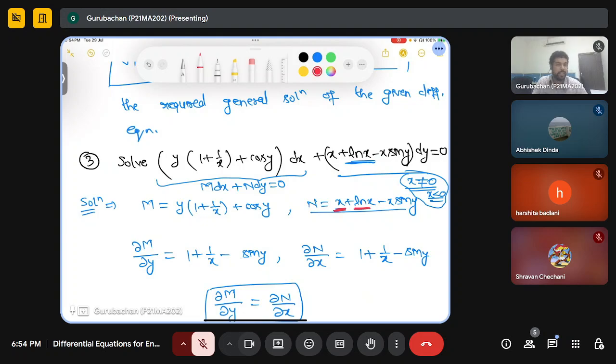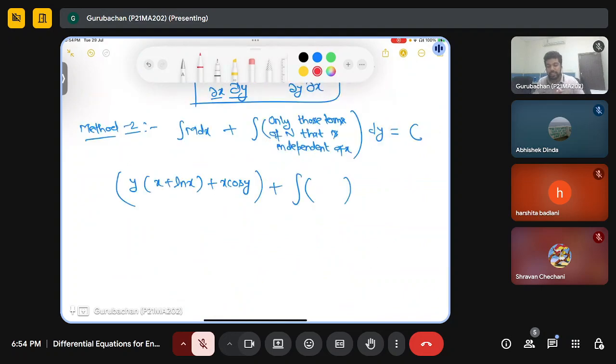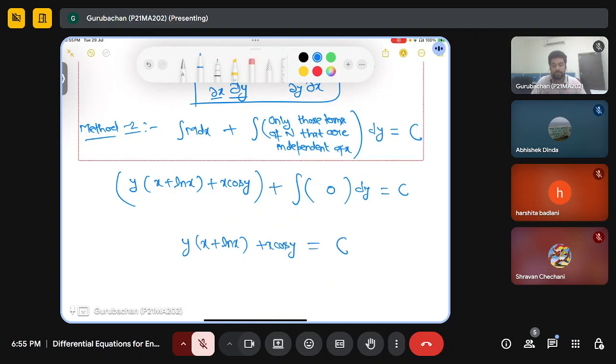Second term, again in x. Third term, it involves x and y both. But what I have written? You have to write only those terms that are independent of x. So since there is no term, you can write 0, dy is equal to c. y ln x plus x cos y is equal to c. This is method number 2.